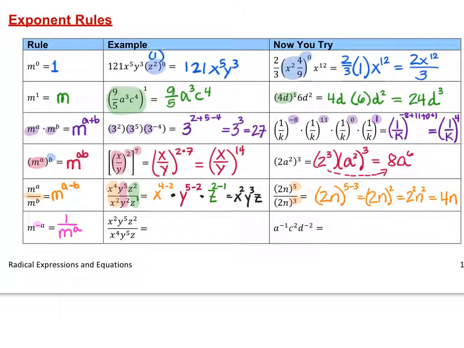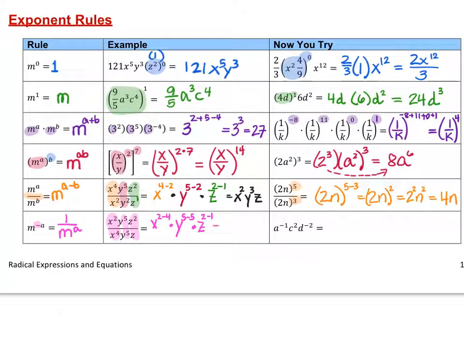In our example, and it looks a lot like the example that was right above, again we have x's, y's, and z's that we're going to look at all separately. So starting with the x's, we're going to have x raised to the 2 minus 4 times y raised to the 5 minus 5 times z raised to the 2 minus 1.